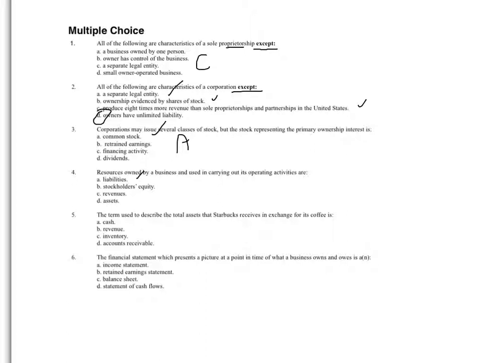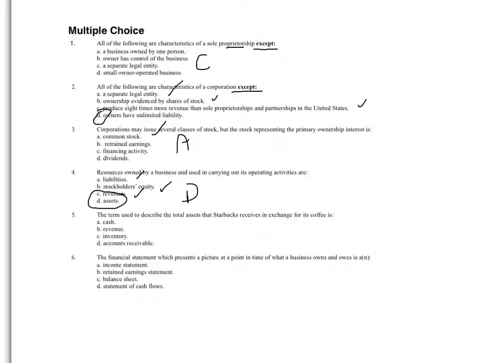Liabilities? No, that's what we owe. That's what a business entity owes. Shareholders' equity? No, that's what the shareholders have put in. Revenues? No, that's what a company earns by providing its service. The answer is D. Assets are resources owned by the business and used to carry out activities.